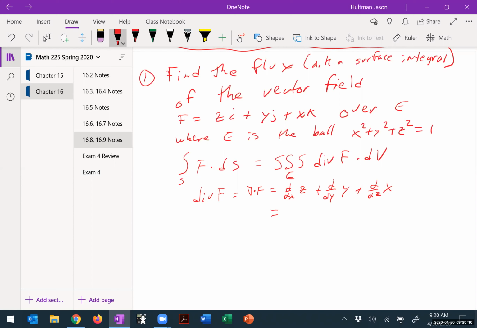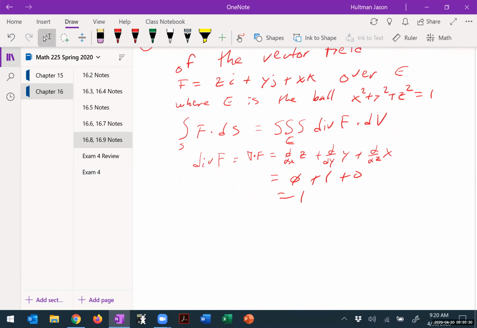Okay, so del dot F. This is 0 plus 1 plus 0, which is 1.